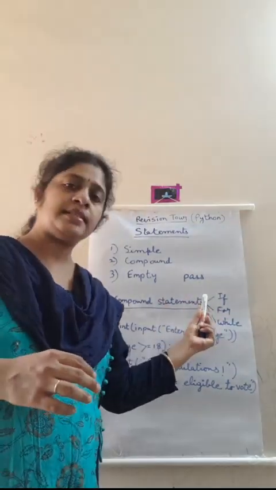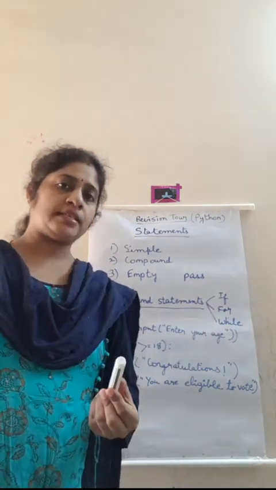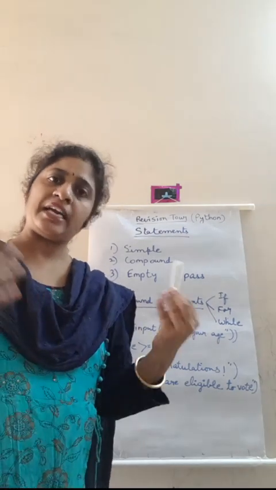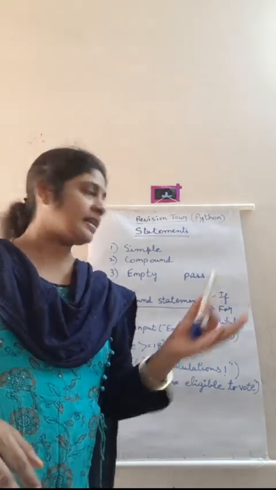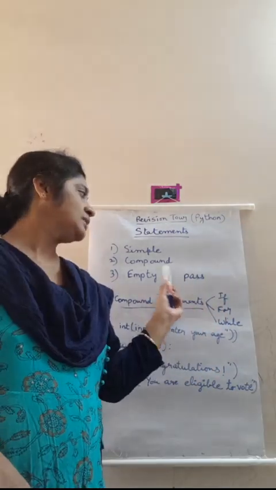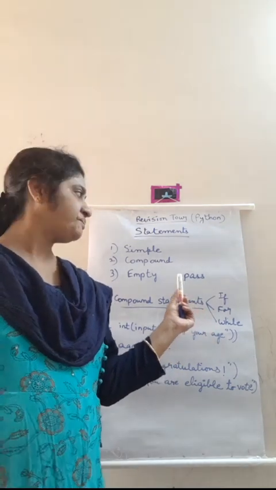When you write pass, Python will automatically go to the next statement. The control will go to the next statement. It will not do anything. So that is about the empty statement, which we will see later.